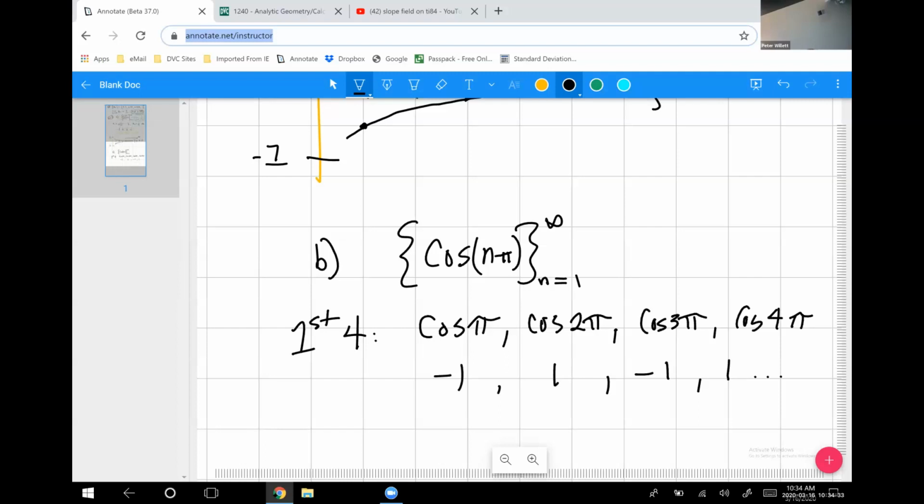And this is probably a good time to have you focus on recognizing that even when they give you the sequence using a formula, and maybe the formula, even as in this case, has a function in it, compare this to if we had the cosine of pi times x, where normally n is our variable.